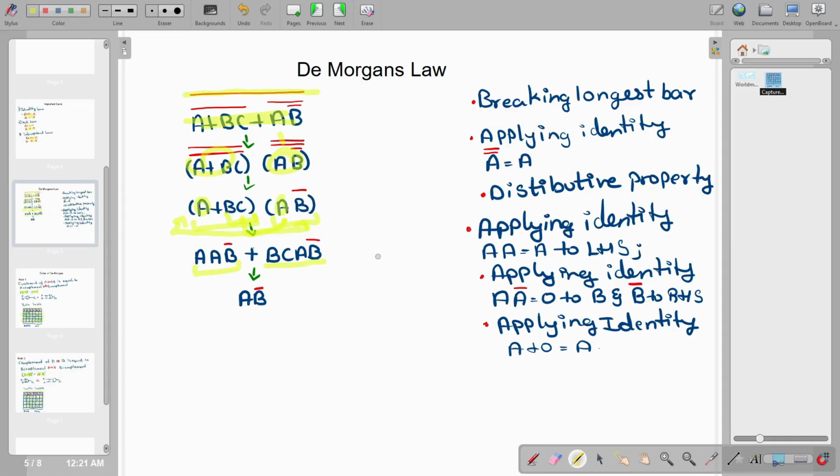So applying the identity AA is equal to A to the LHS, so AA is equal to A. These two A's will be considered as a single A on the LHS.